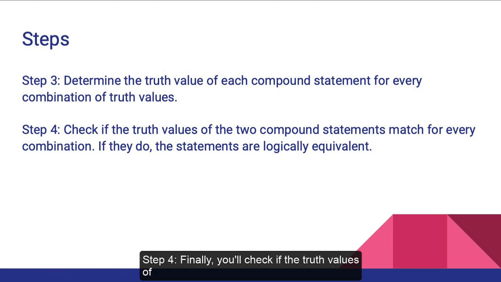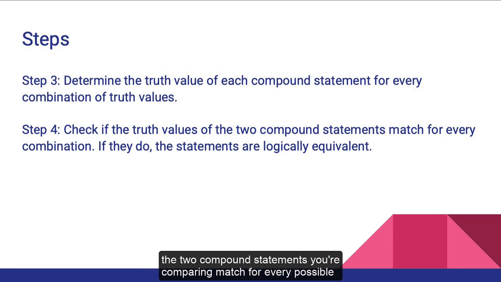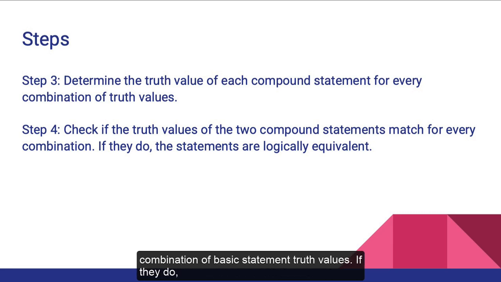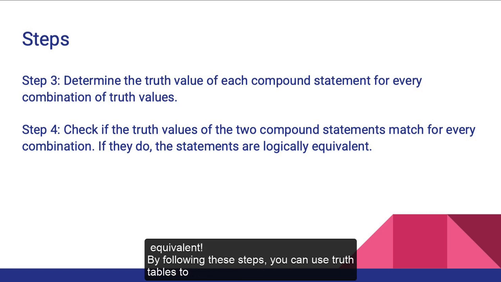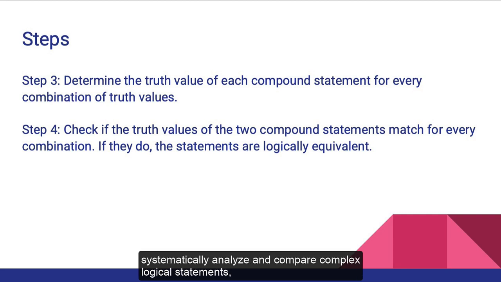Finally, you'll check if the truth values of the two compound statements you're comparing match for every possible combination of basic statement truth values. If they do, congratulations, you've established that the statements are logically equivalent. By following these steps, you can use truth tables to systematically analyze and compare complex logical statements, making it much easier to understand their underlying structure and relationship.